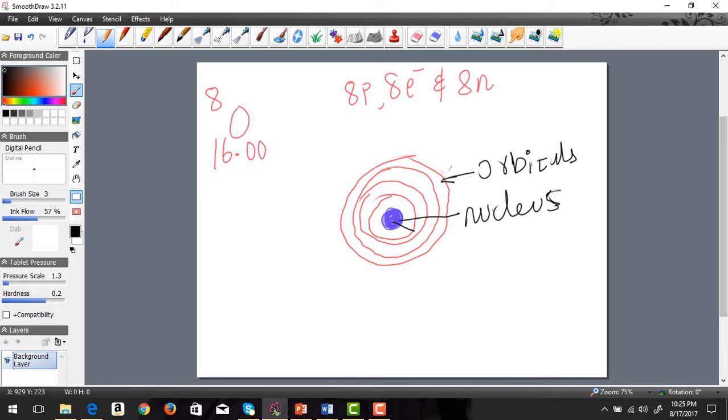So every atom has a nucleus and an orbital or orbitals. You've got to be careful. There are two elements in the periodic table that have just an orbital, meaning there's only one of those available, but all other elements in the periodic table have plural orbitals, meaning they have more than one circle around the nucleus.